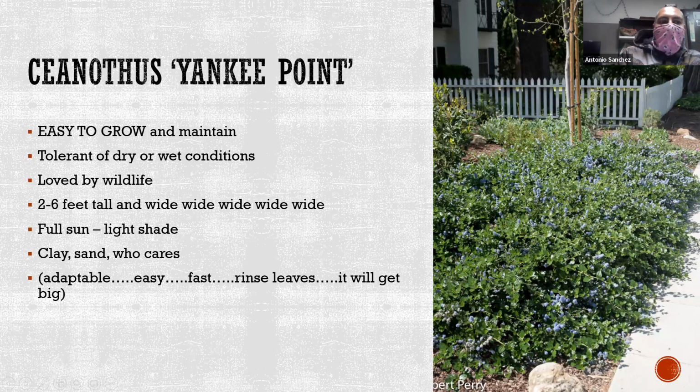They're going to get big, right? So you guys want to make sure you plant this 6, 8, 10 feet apart. This guy wants to grow wide. This guy doesn't mind clay soil, full sun. I've seen him look amazing in Simi Valley under the smaller oak trees. Just a nice, easy to grow plant, really good for butterflies.